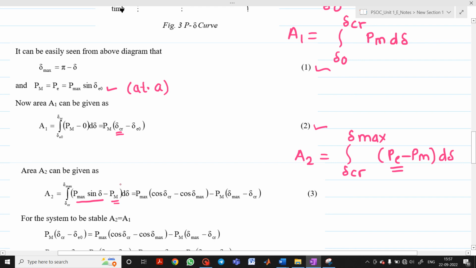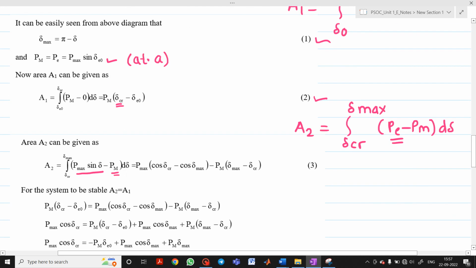Now you know the integration of sine. What is the integration of sine? Yes, the integration of sine delta is minus cos delta. So we put the limits: P max into minus cos delta max plus cos delta CR, minus PM into the bracket delta max minus delta CR. Treat this as your equation number 3.